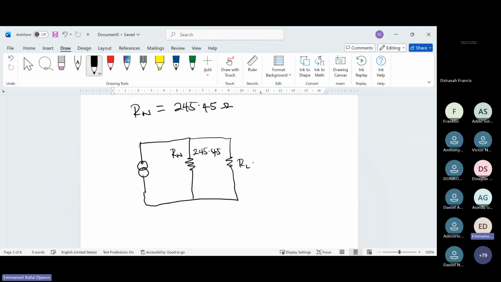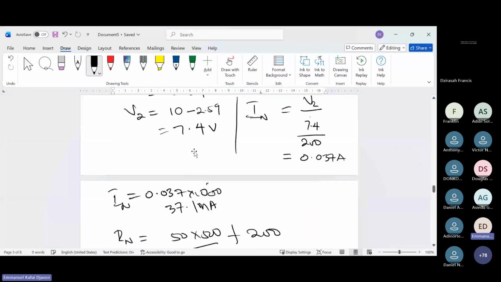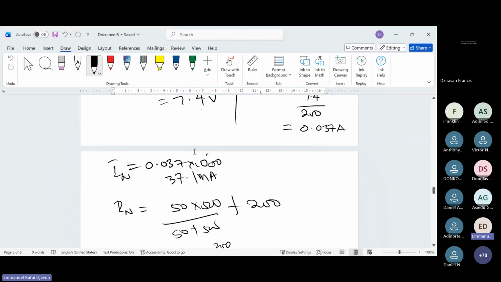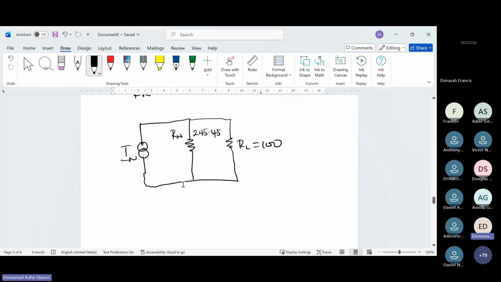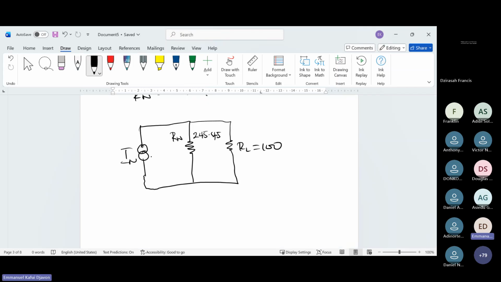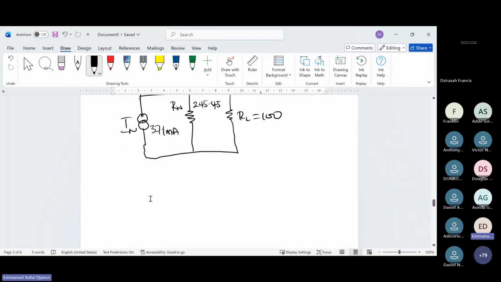This is RL, 100. Now the question is, what is our IN? That's what we got here: 0.037. So we can say 37.1 milliamps. Now, you want to get your voltage.